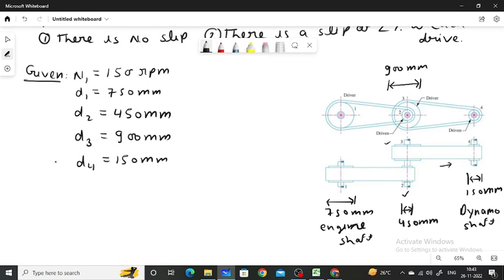Okay, let N4 be the speed of the dynamo shaft.